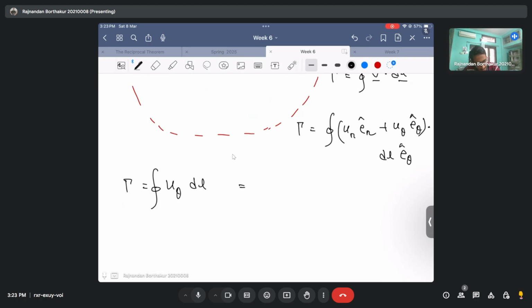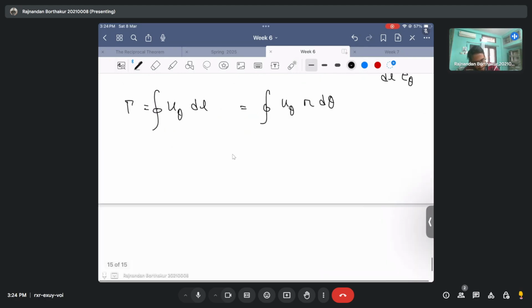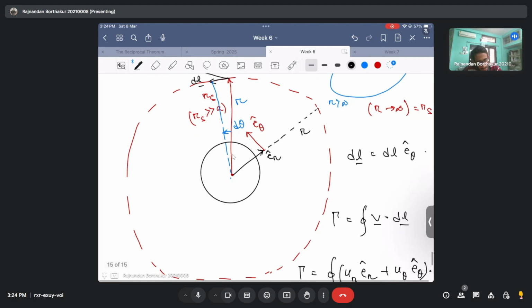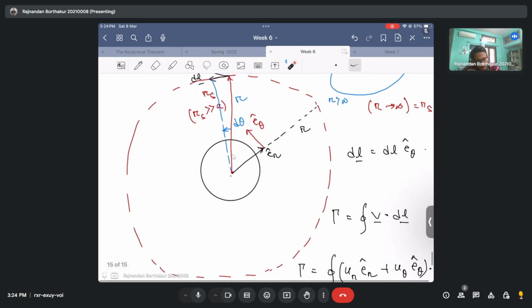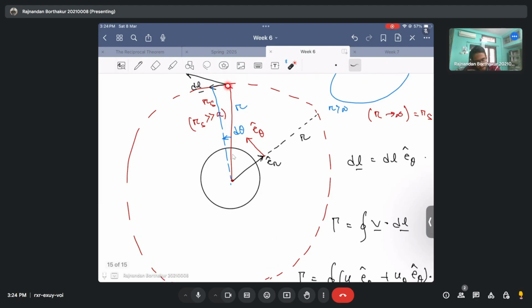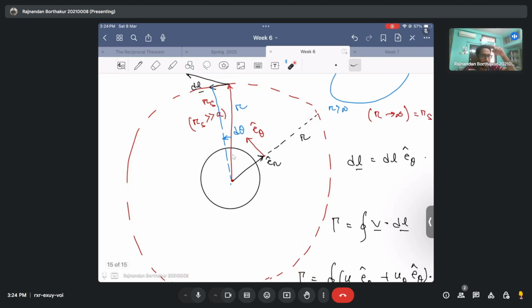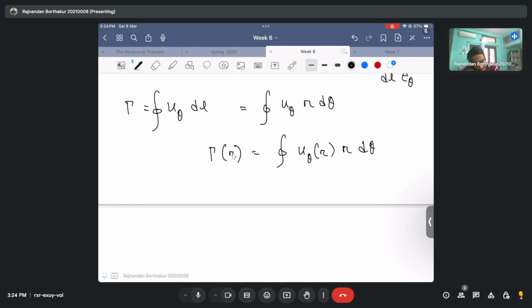So I can write it down as the closed integral of u theta times dl, which is r d theta. Remember that my gamma will of course be a function of r, since u theta is just a function of r, and then we have this r d theta. Now I need to integrate this d theta from 0 to 2 pi, because if I start from here, I must move around and come back here, since I'm doing a closed integration along this curve.